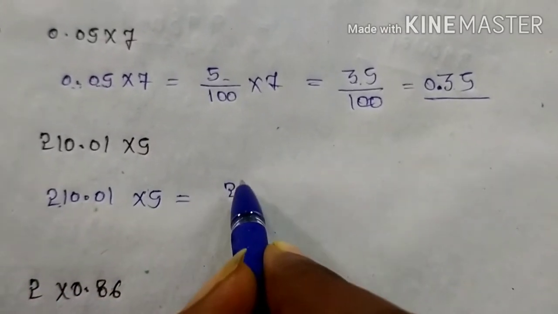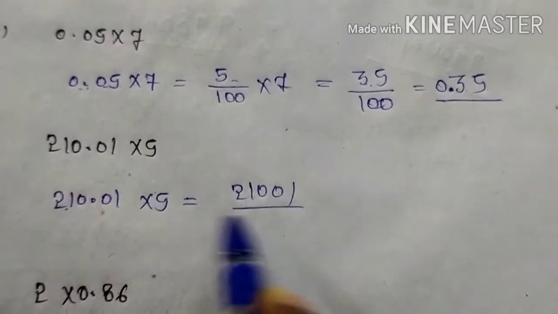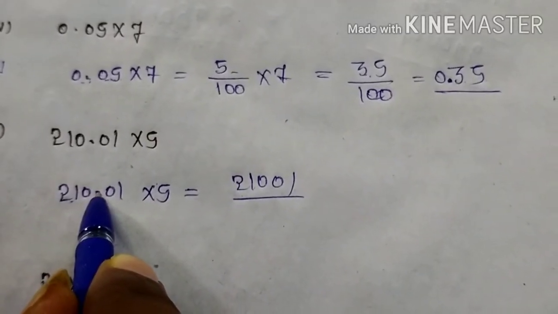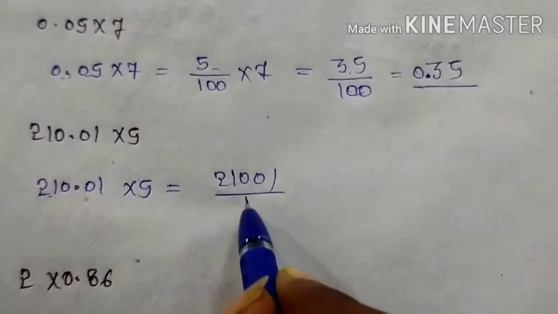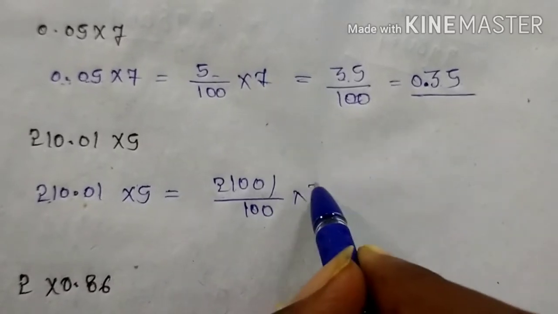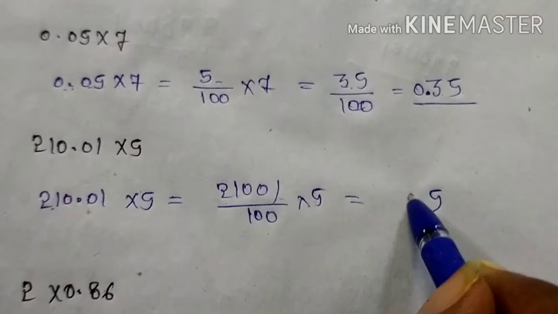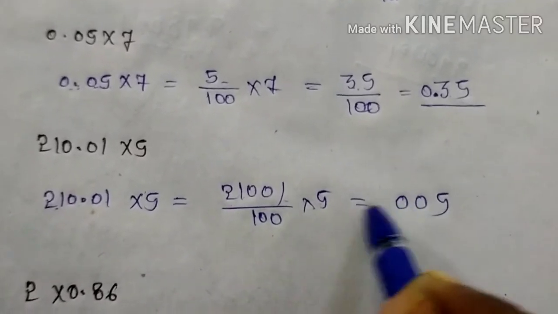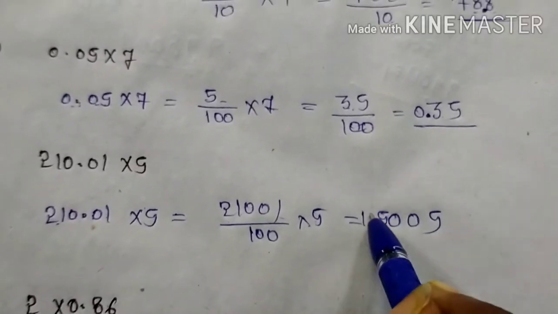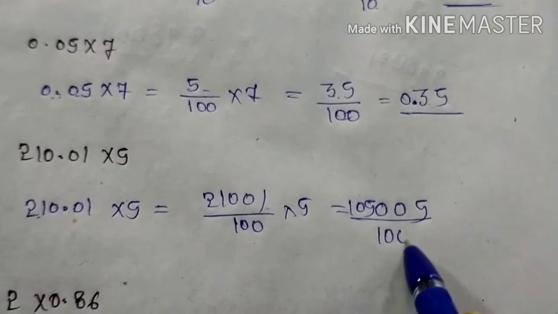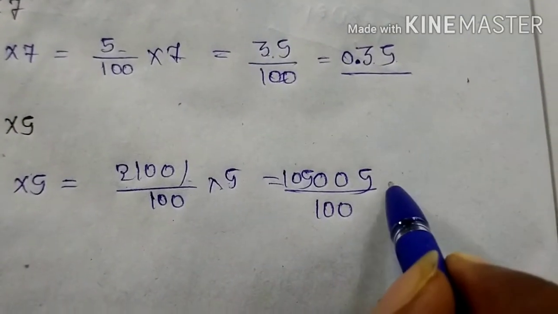In the similar way, once you can see 210.01 into 5. That means you can write here 21001 by. See after decimal point how many digits? 1, 2. You can divide with 100, into 5. You can do multiplication. 5 ones are 5, 5 zeros are 0, 5 zeros are 0, 5 ones are 5, 5 twos are 10 by 100. See here you can represent the decimal point.